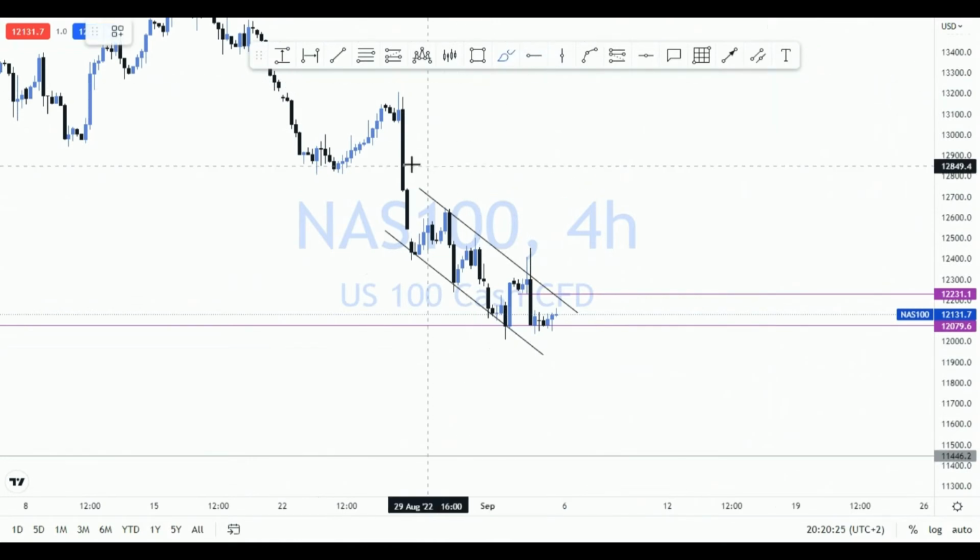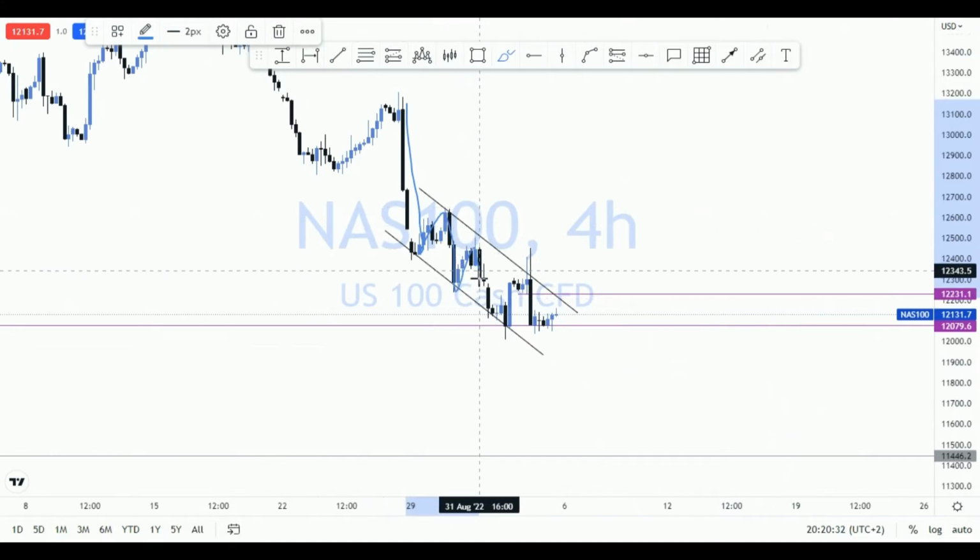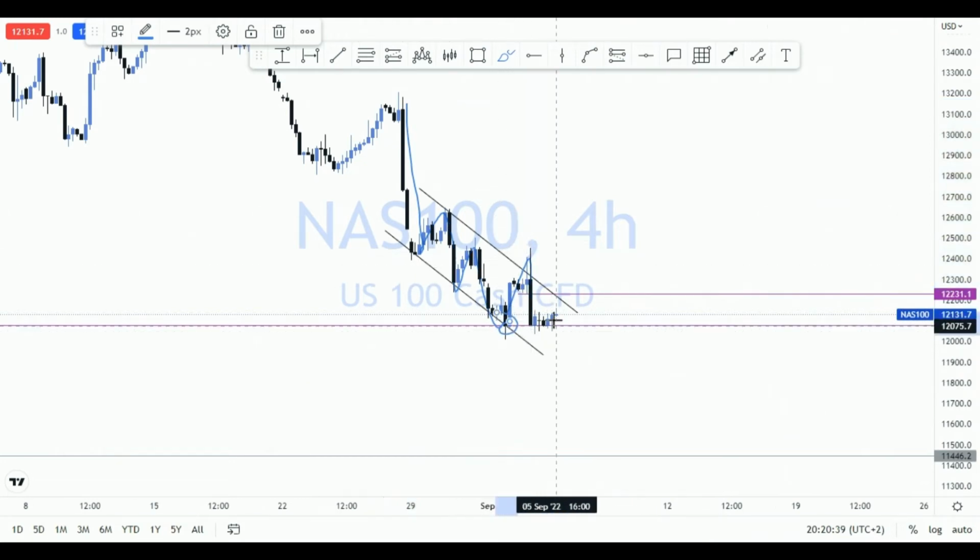Now I'm looking to see if we're going to have this low right here. We have the lower high, a lower low, lower high, lower low, and a lower high, right? And this low right here, we have 2 equal lows at this level.